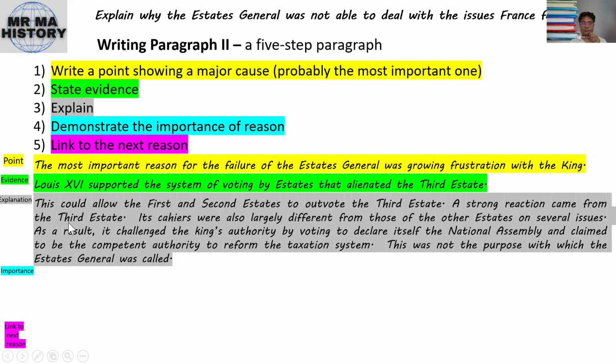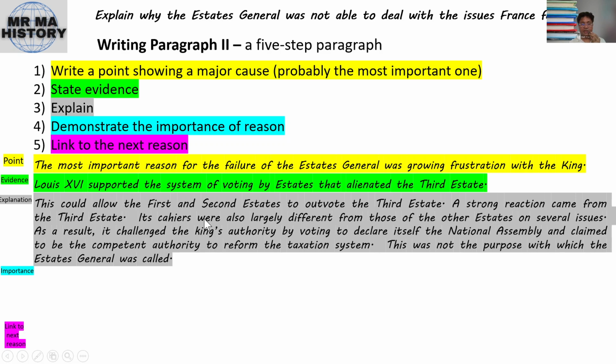I have given the explanation for this reason in such a way that it addresses the question. It shows why the States General was not successful in dealing with the issues that the country was facing at that time. I must put emphasis on the point that you should write the explanation in such a way that it answers the question.